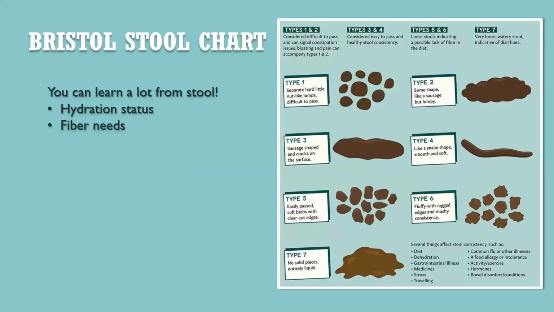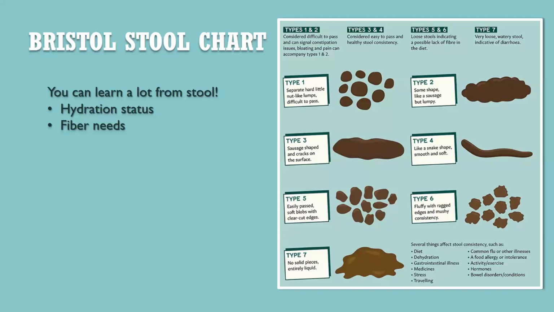And this is the fancy nurse's chart that everybody loves. It's called the Bristol stool chart. You can learn a lot about what your client needs from the consistency of their stool. There are lots of different diagrams that are available. This diagram could be beneficial for clients who are not able to verbalize what their stool looks like, if they're independent enough to be able to use the bathroom on their own, but not able to tell you exactly what their stool looks like.